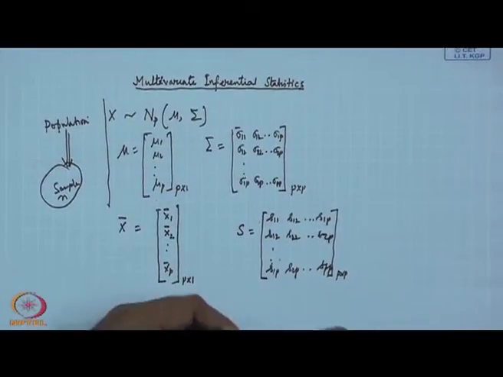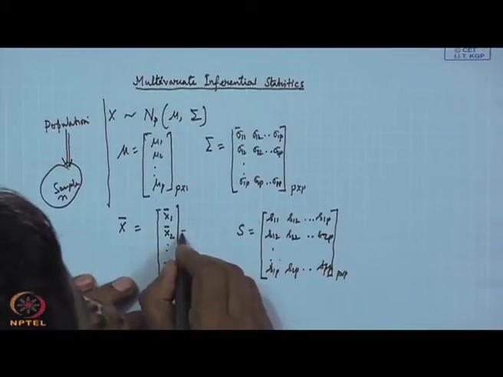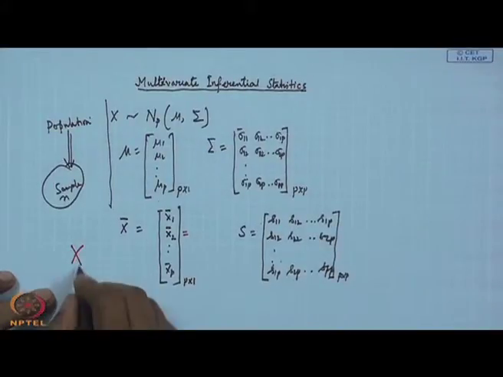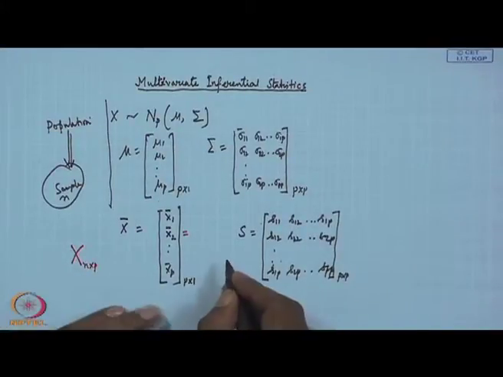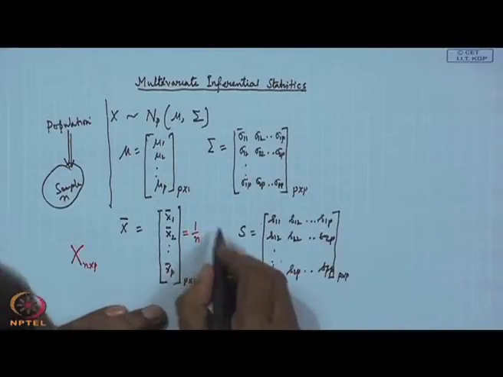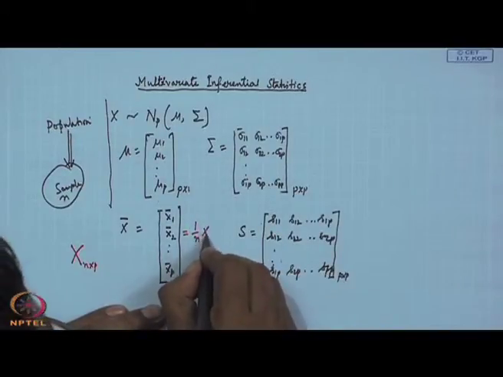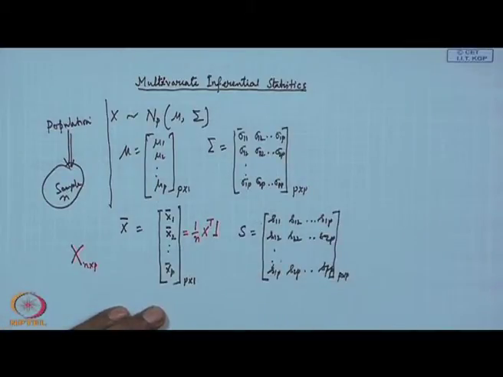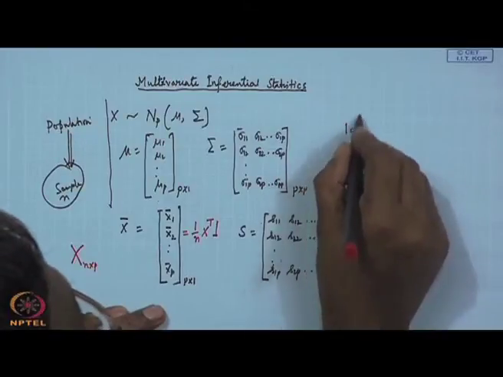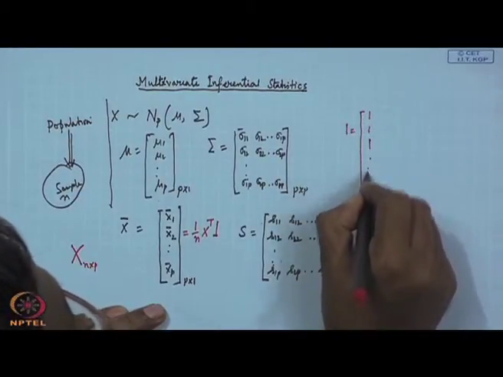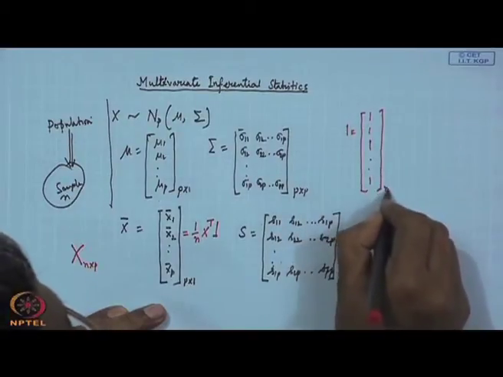What formula have you used earlier? If your data matrix X is n cross p, then you have used 1 by n, then X transpose times a unit vector 1, which is 1 1 1, n cross 1.